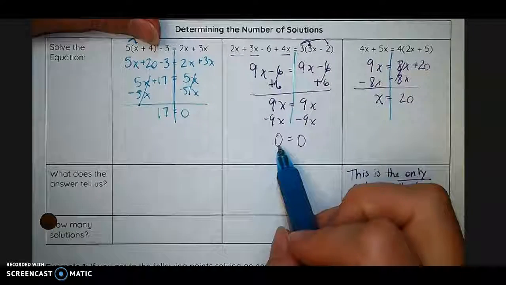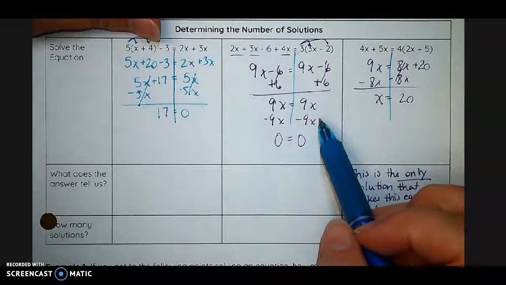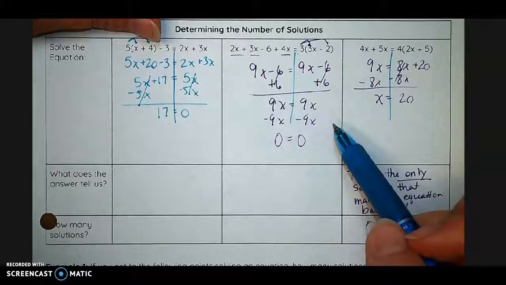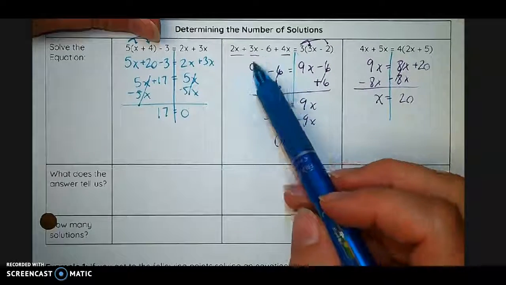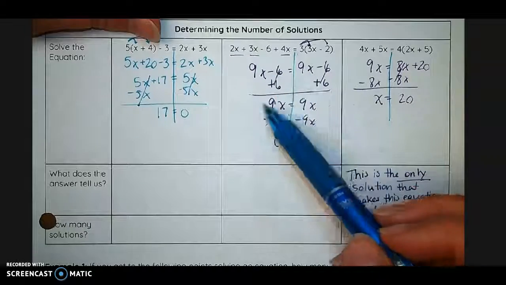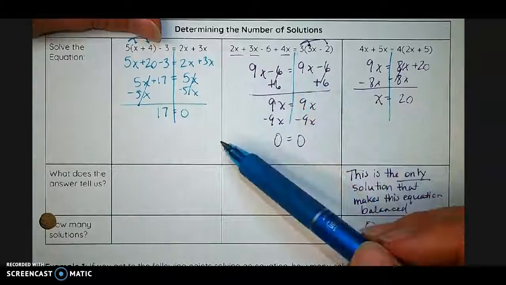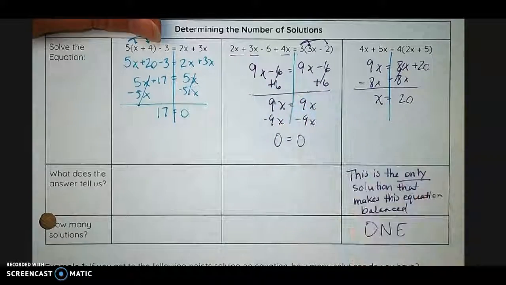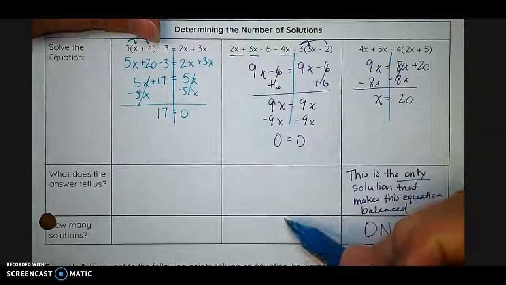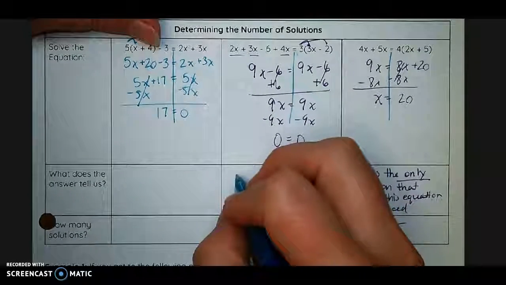When I look over here, what this means is no matter what I put in for the x, I could put 1 in, I could put 2 in, I could put 3 in, I could put 4 in, I could put 5.6. It doesn't matter what I put in for x. Anything I put in is going to work.